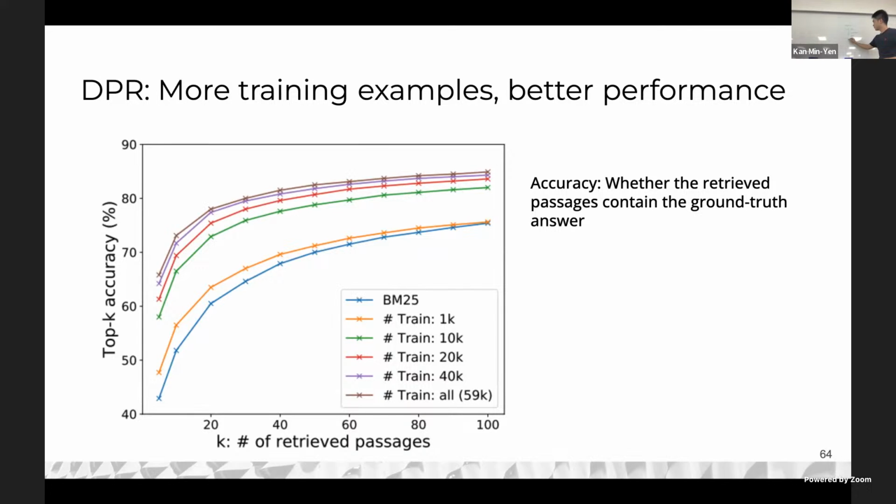And we can sort this, so we can find the documents with the highest score. From this very long list of 10,000 documents, we can take the top 100, for example. If any of these documents contain the answer, then it's considered a successful retrieval. Otherwise, it's failed, and the accuracy just measures the success rate of the retrieval.